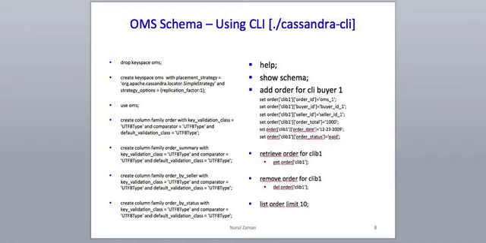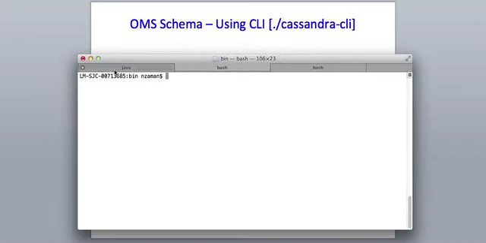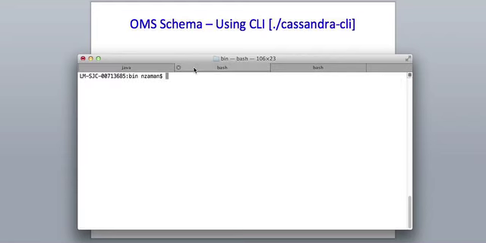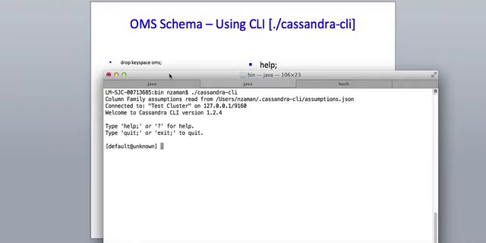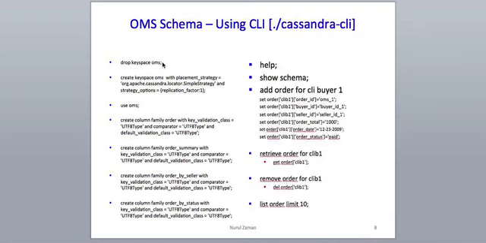So let's grab the same window shell again. And here we can see it's still running the Cassandra database. And we'll switch to the Cassandra shell. Now I'll just try to copy and paste all the commands from here.